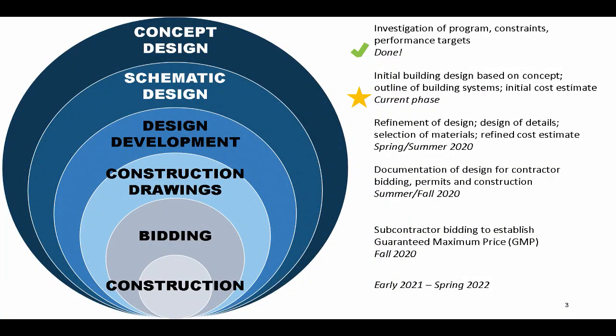But as we move into the design process, each part of that gets its own concept design phase, and that's a time to investigate the program, to make sure that we have the right constraints, understanding of the site, and an understanding of what the targets are.